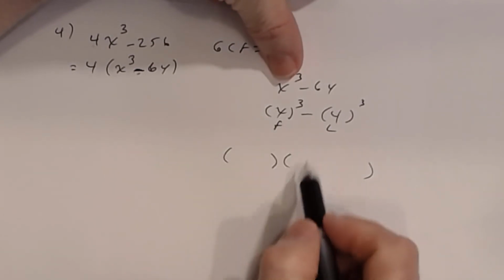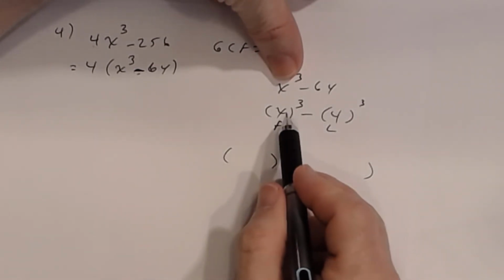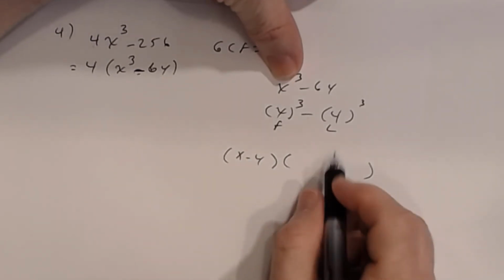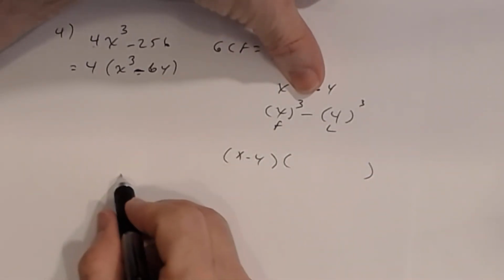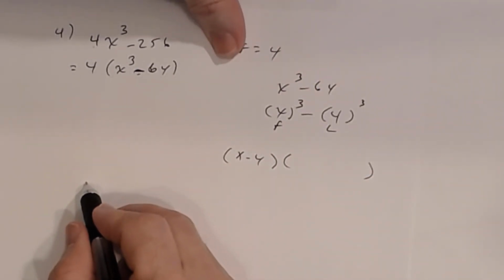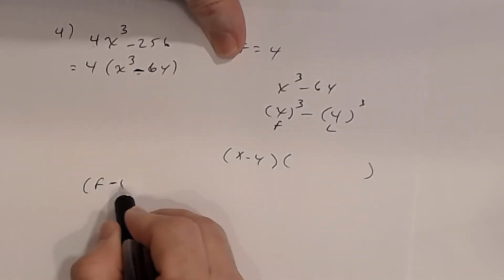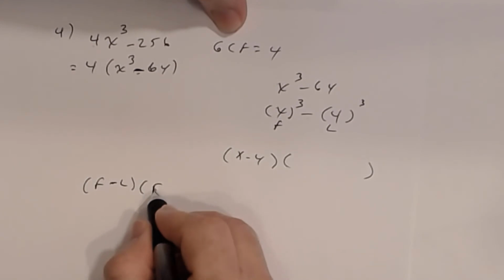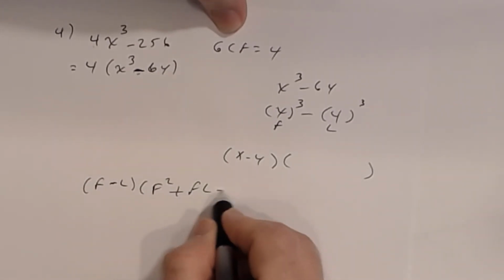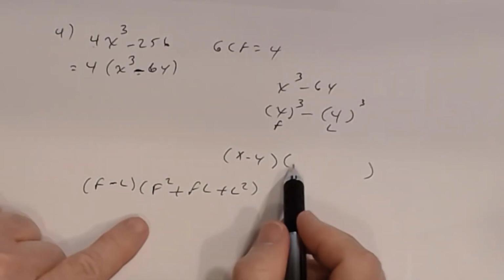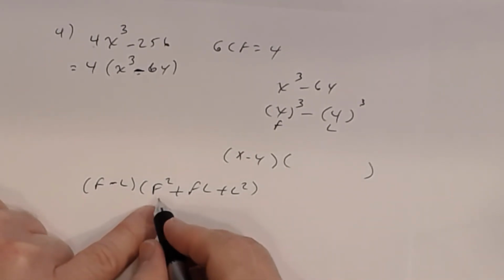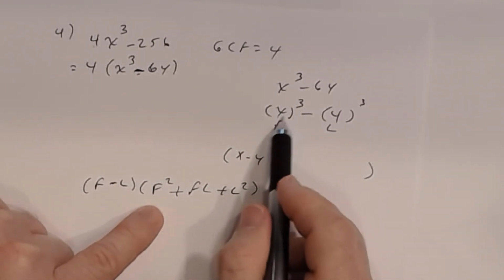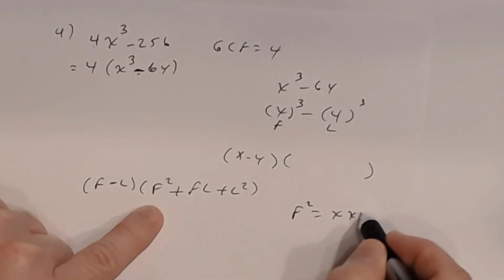becomes, remember, your binomial times the trinomial. The binomial is what you see, x minus 4. The trinomial, remember your formula, let me go ahead and write the formula. The formula for the difference of two cubes is f minus L times f squared plus FL plus L squared. So let's fill this out. f squared, f here is x, so that's x times x, which is x squared.